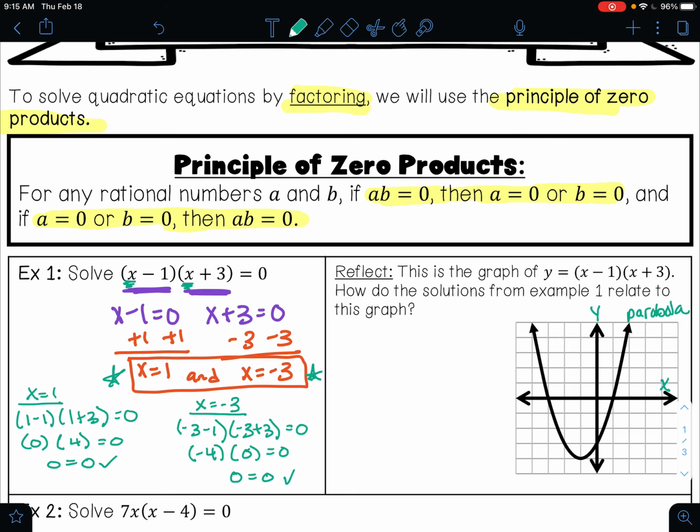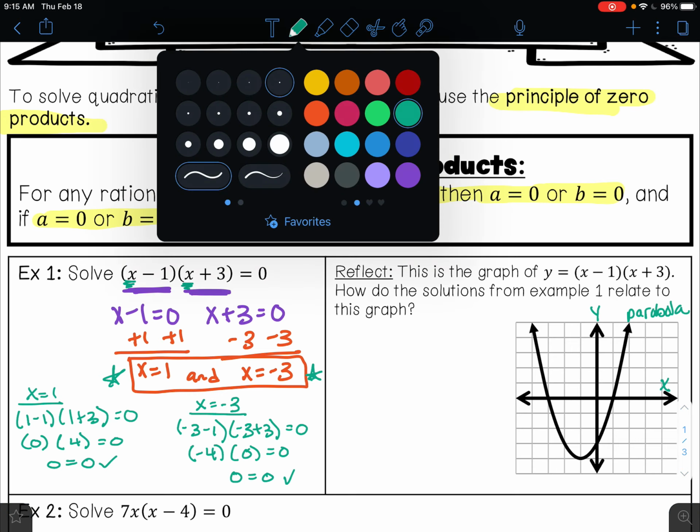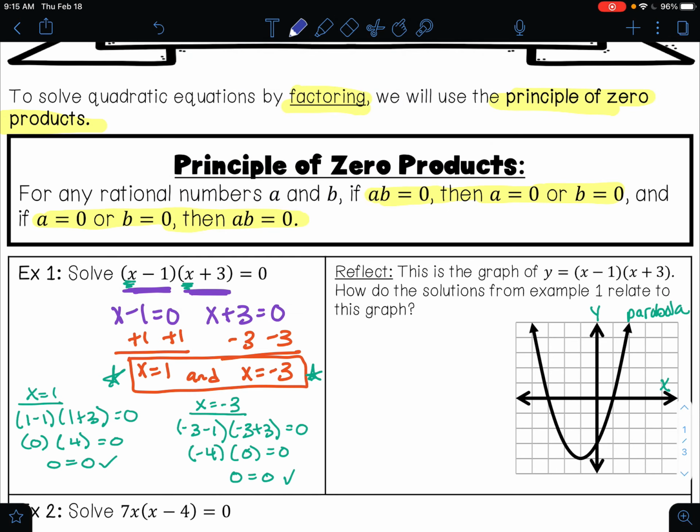When you look at this parabola, what I notice is that my x-intercepts are where x equals 1 and when x equals negative 3. And those are the answers that I got for example 1.